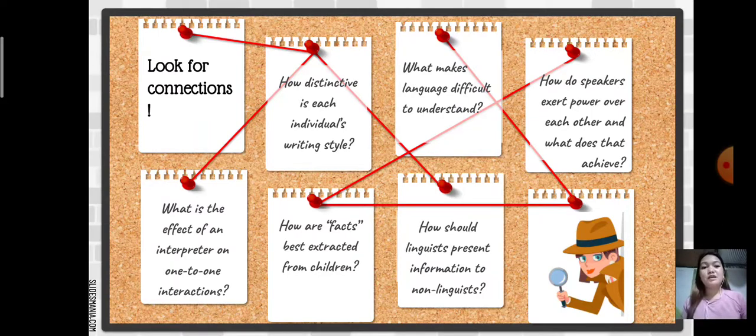If a child is involved in a crime, how do you know if the statements of the child are factual, or whether the child is just lying? And when using an interpreter, are there any misunderstandings when someone uses an interpreter or none? These are some of the questions.